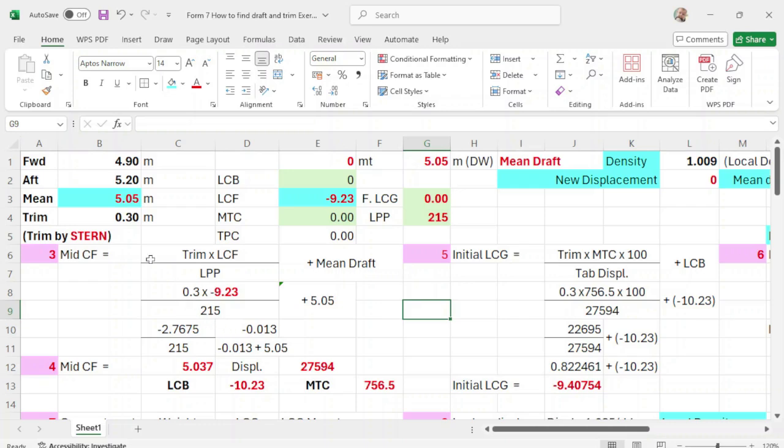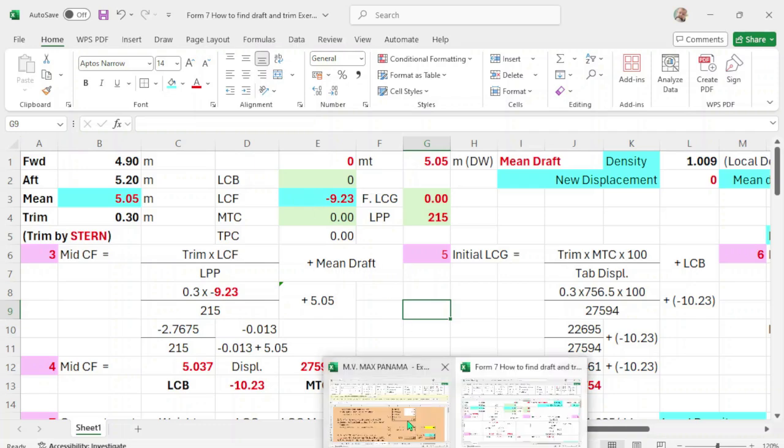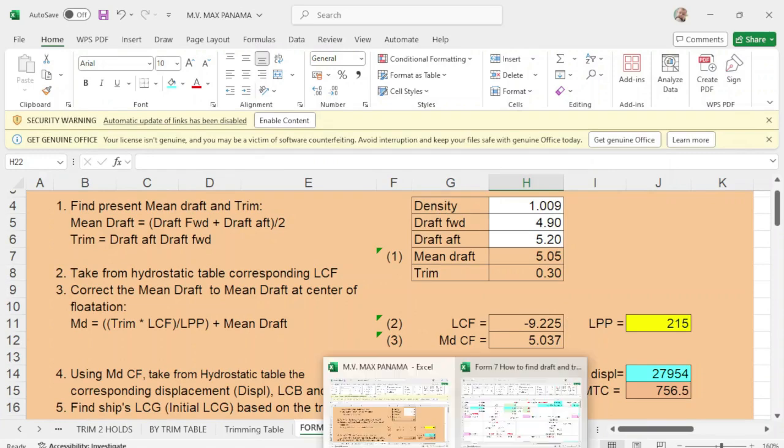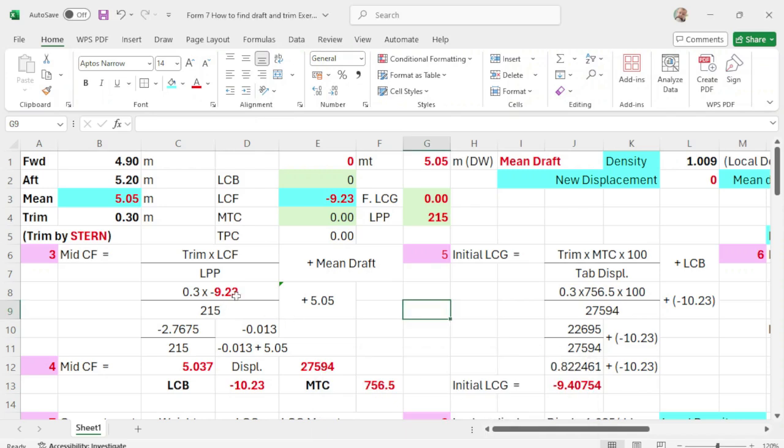Our trim is 30 centimeters and our LCF is 9.23, or 9.225. Go to the Excel. LPP is 215.